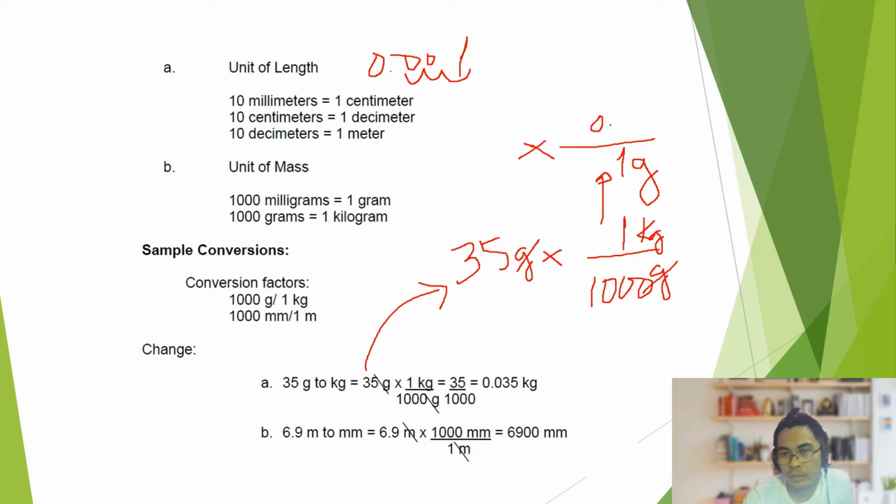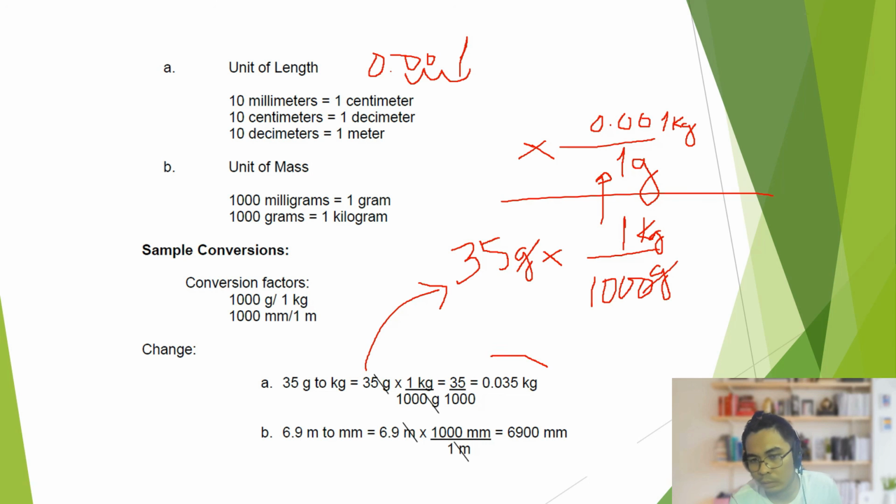So, ito na yung conversion factor mo na ilalagay sa taas. That's 0.001 kilogram divided by 1 gram. Okay? Actually, kahit alin gamitin mo sa dalawa, that will result to this answer po. So, the only concept na gusto ko lang palitan dito is kailangan ma-provide mo lang yung tamang conversion factor para makuha mo yung tamang answer.